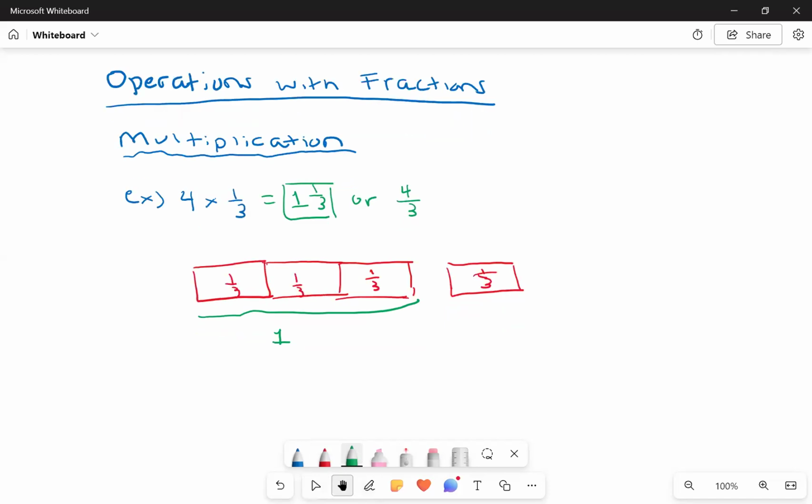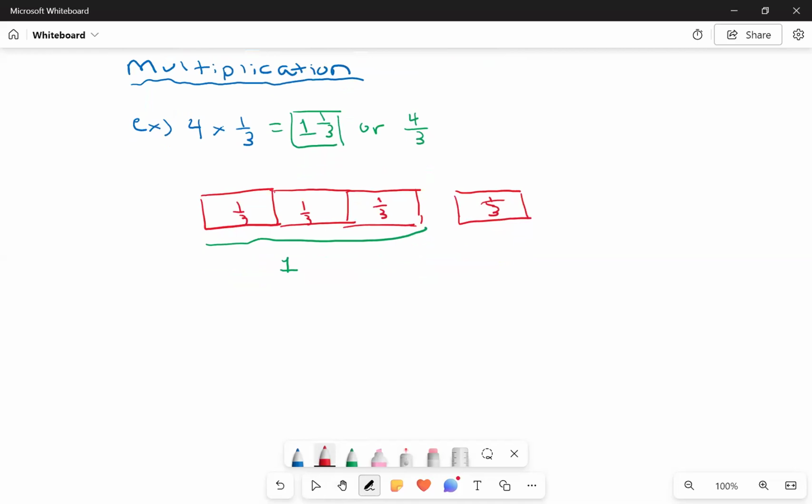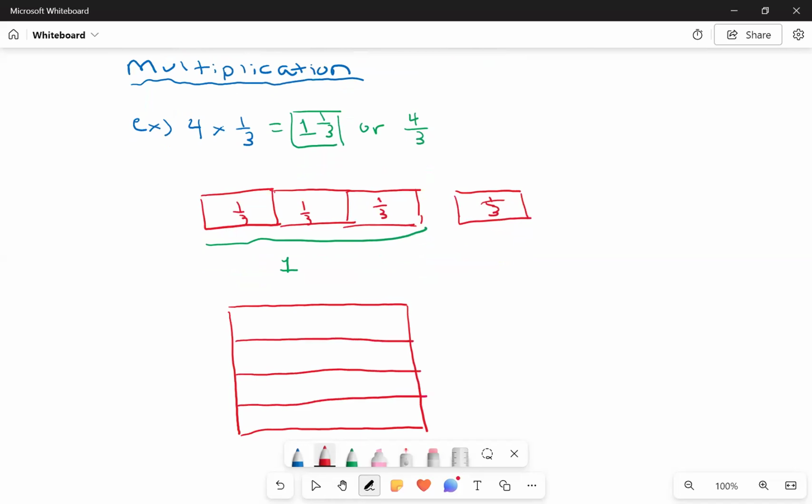Another visualization of this is to take the number 4 and then take a third. Here, I'll draw the number 4 with rectangles. We'll do 4 rectangles here, like that. And then we take a third of those rectangles.